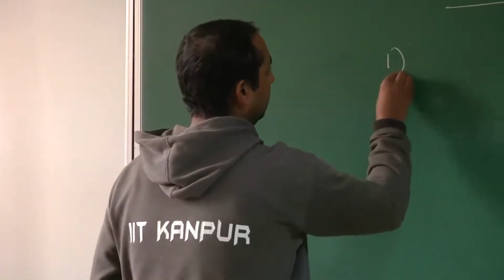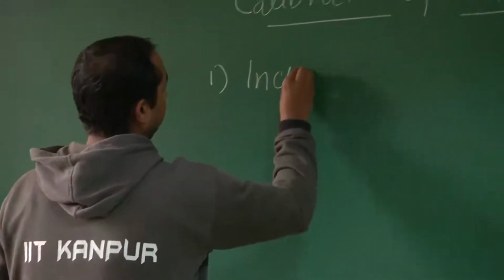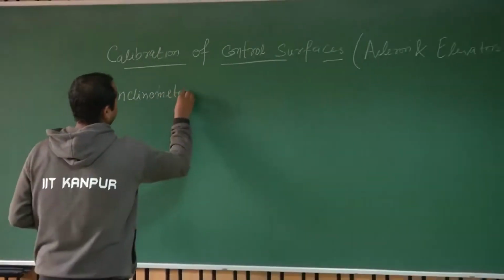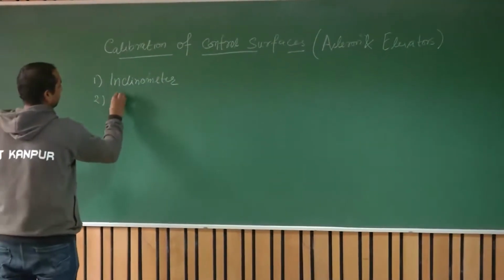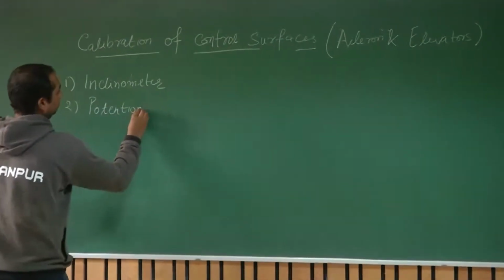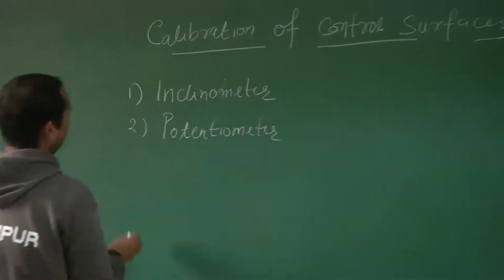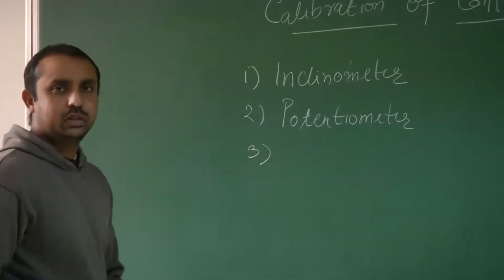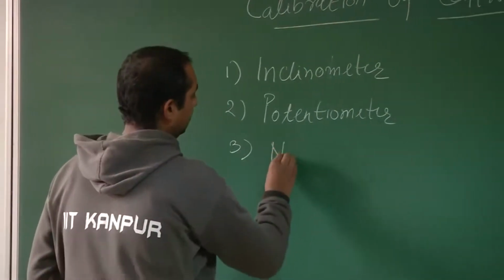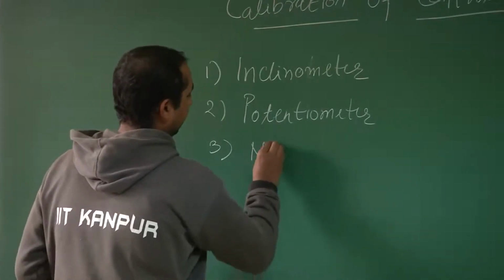So for this topic, what will be the experimental setup or what will be the instruments required will be, first you need an inclinometer. Second will be your potentiometer. Third will be your data acquisition system, and we are using an NI data acquisition system, so NI DAC.